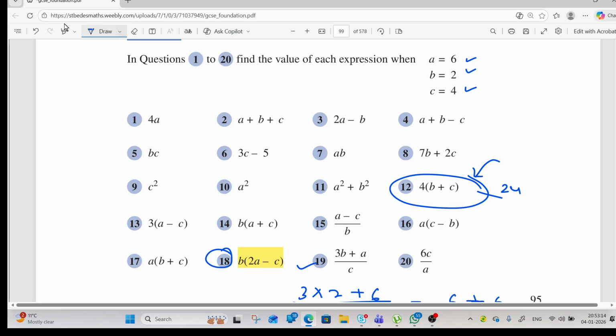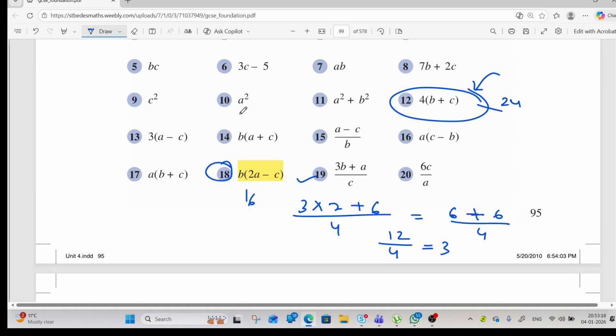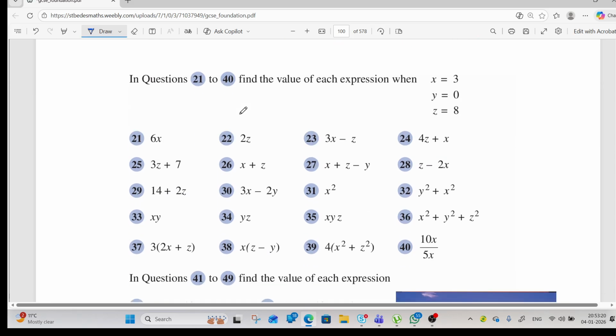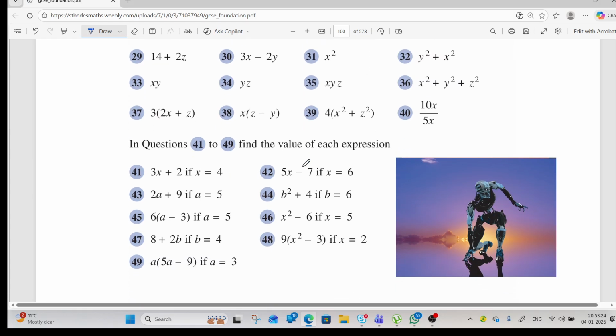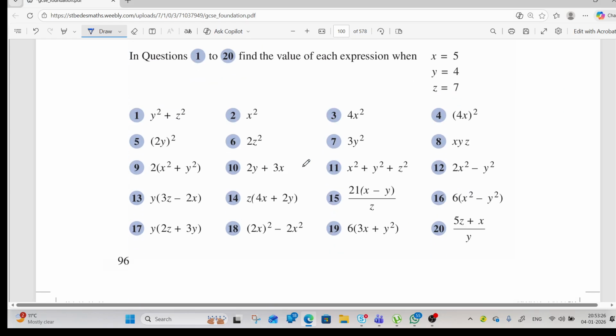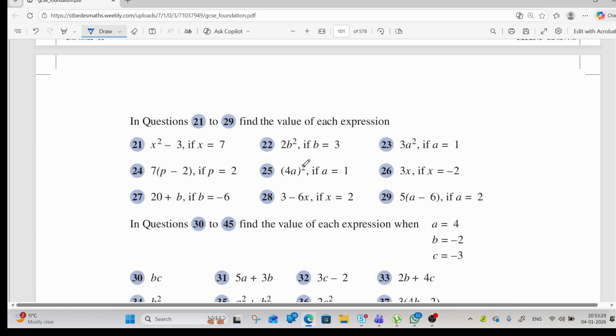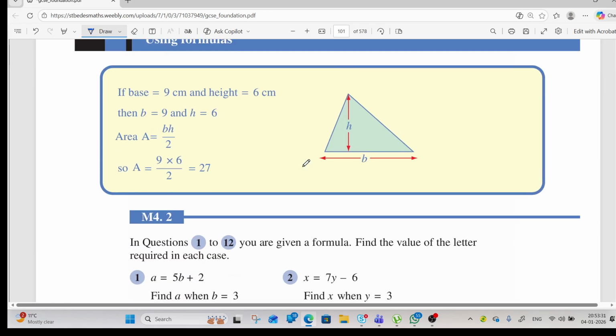Let me see. Yes, very good. That's correct. Absolutely correct. Okay, great. So that's how we find the value of any expression when the values of x, y, or any variable are given. So now let's see other types of questions.